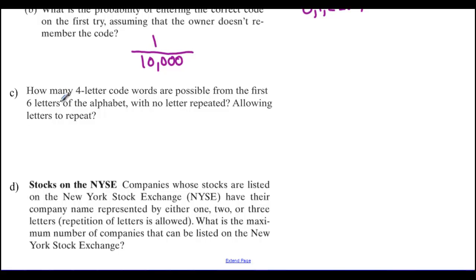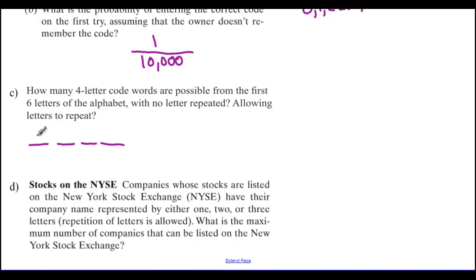All right, for C, how many 4-letter code words are possible from the first 6 letters of the alphabet with no letter being repeated, and then also allowing letters to repeat? So we've got 4 letters that we're going to end up picking. This first is not allowing us to repeat.